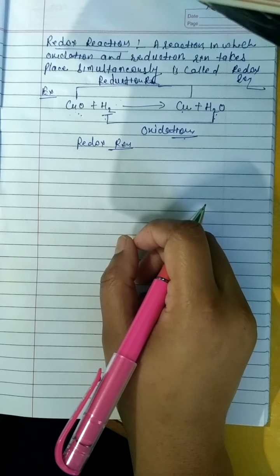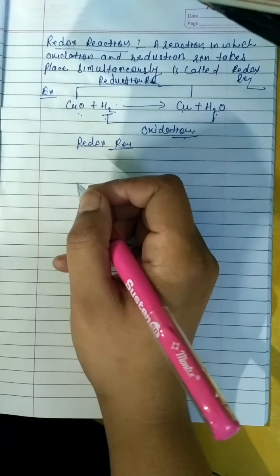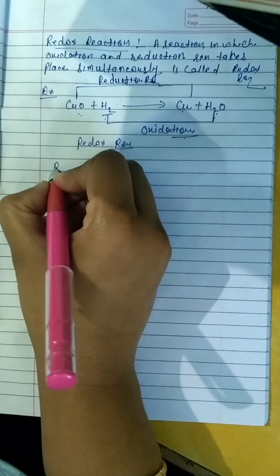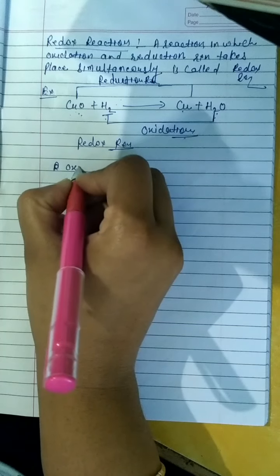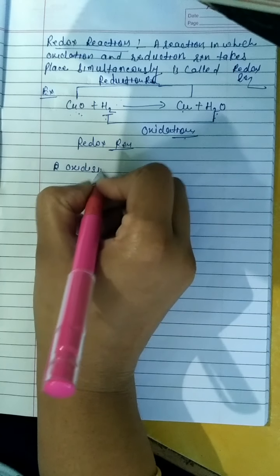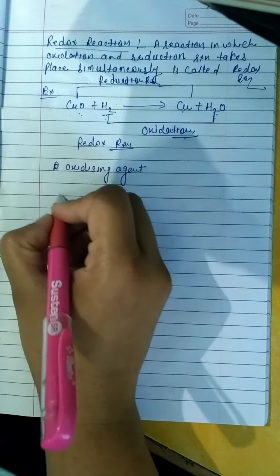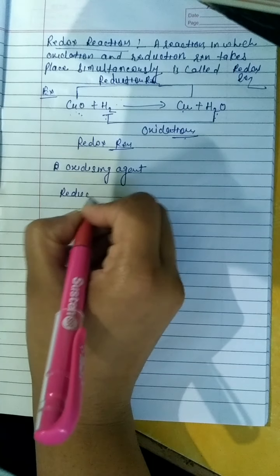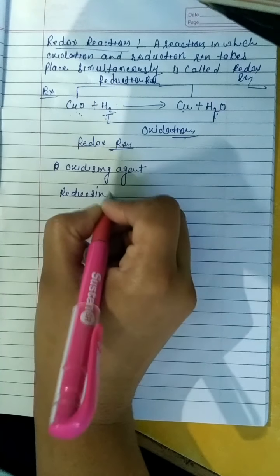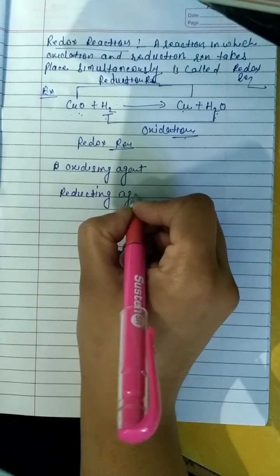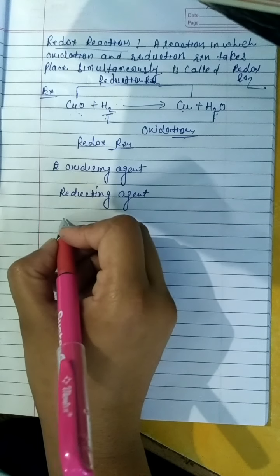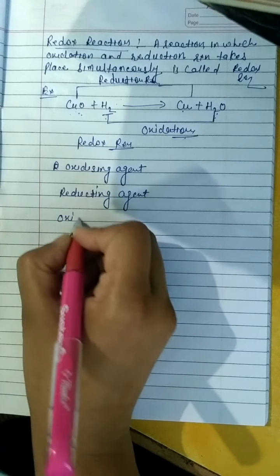Now, we are talking about the oxidizing agent. Second one is reducing agent. Third one is oxidized.